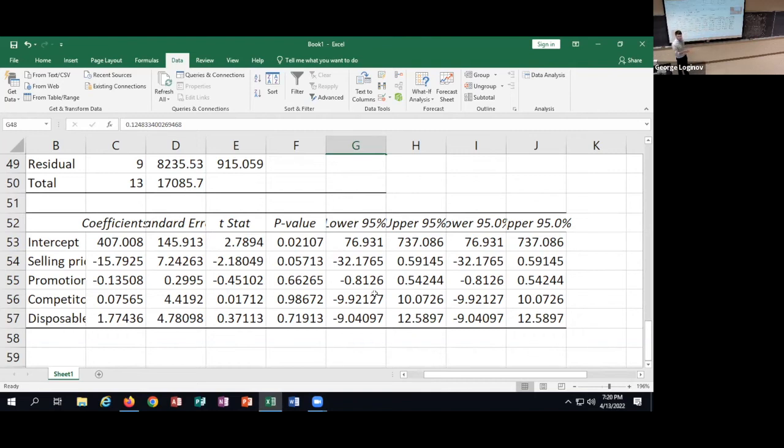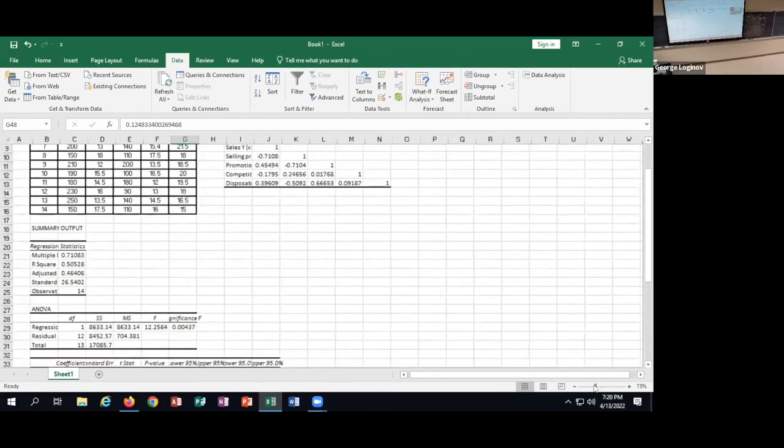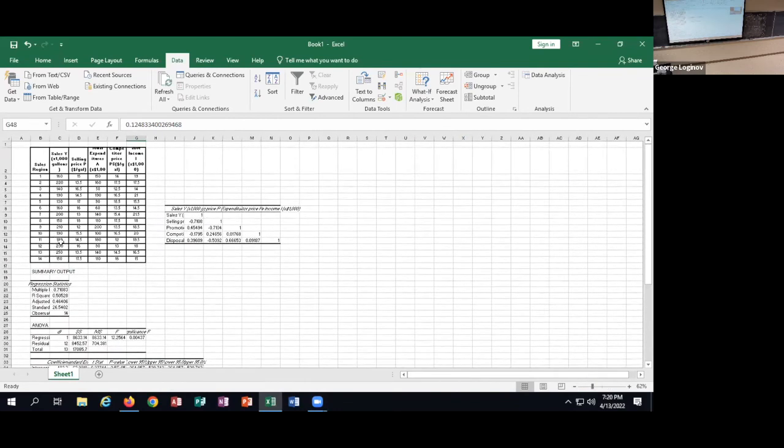So now this is where things get a little tricky. I need to go back and run a new regression, but it won't let me run a new regression if I don't have a continuous data set. So I can't just tell it to use these two columns and the last column to explain things. I need to actually get rid of the competitor's price so that I have three columns side by side for it to be able to do a correct regression.